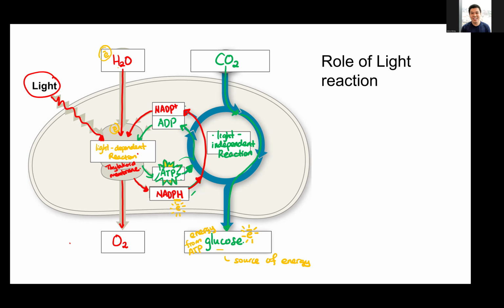So here you can see the role of light reaction and the role of light independent reaction. The role of light reaction is really to store the energy from light into ATP and NADPH. You can also see the role of light independent reaction or Calvin cycle.